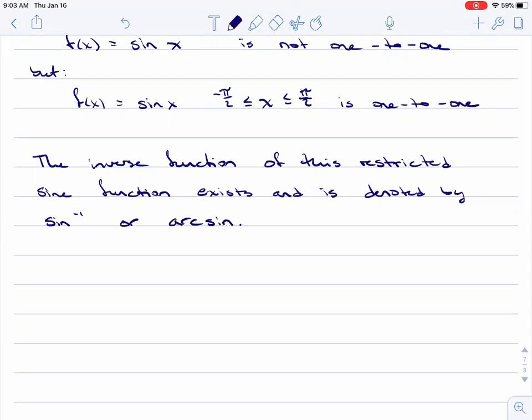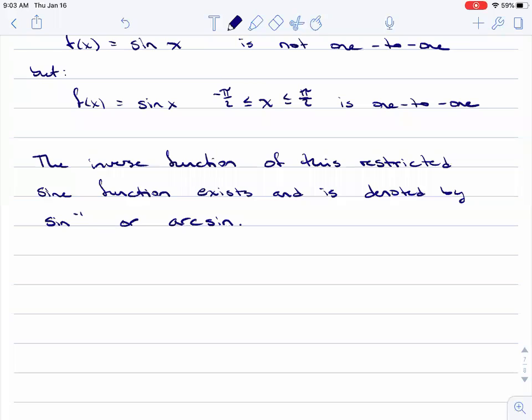We'll use those two interchangeably. You could write sine to the power of -1 to follow the same format as all our other inverses, or we can also call it arc sine, and it's just up to you to remember that those are the same thing.